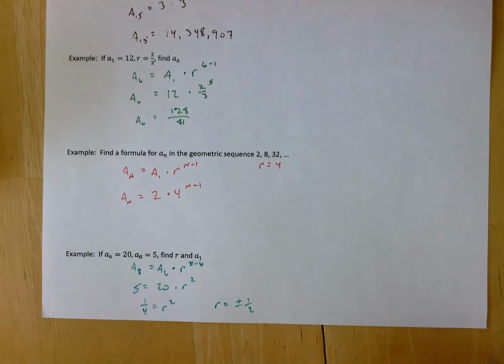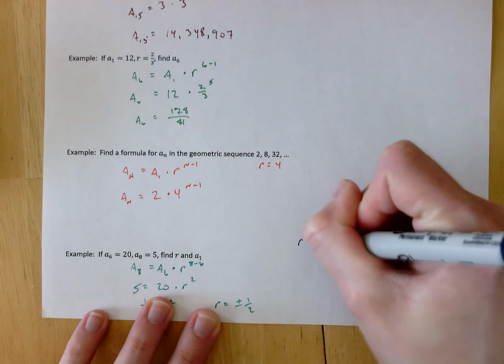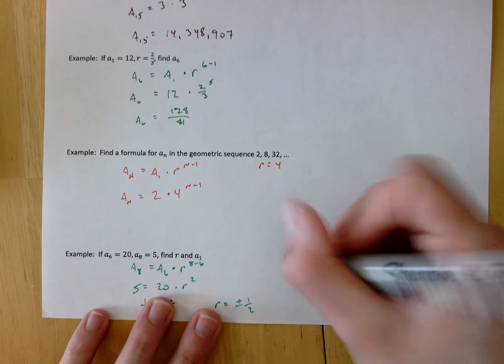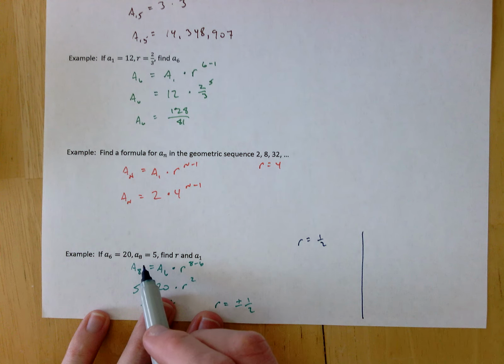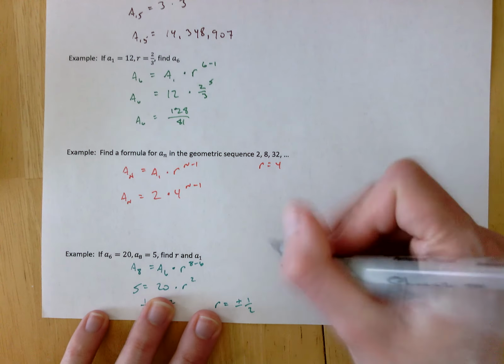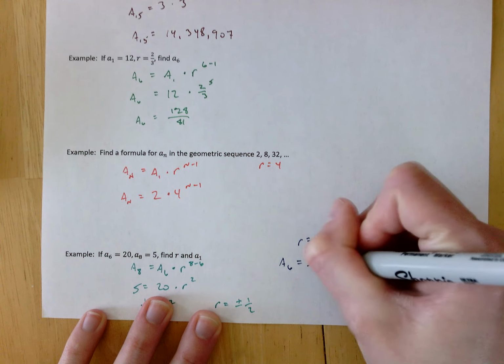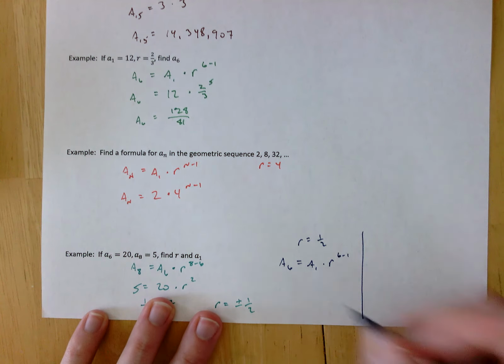Okay, so the first one I'm going to look at is, well, if I use r equals 1/2, then you can pick either one of these terms to use, either a sub 6 or a sub 8, whatever your preference is. I'm going to use a sub 6 because I like 20 better than 5, right? So to get to a sub 6 from a sub 1, I multiply by my common ratio, 6 minus 1 times.